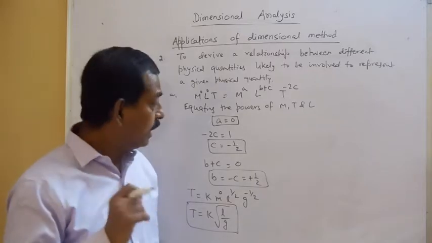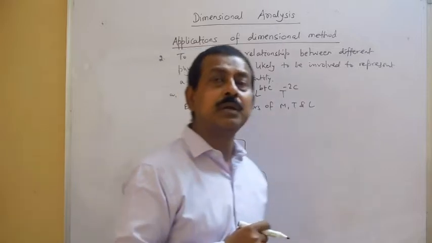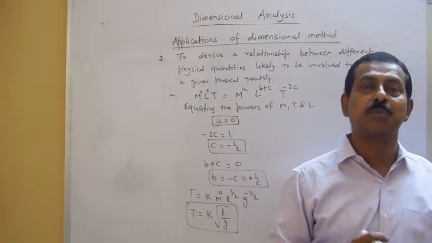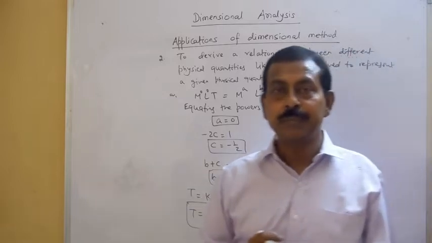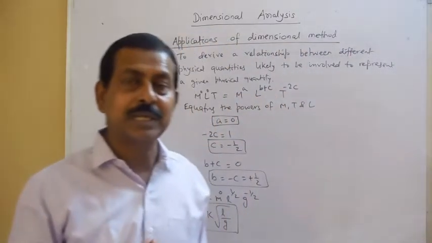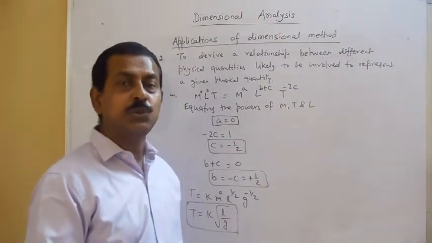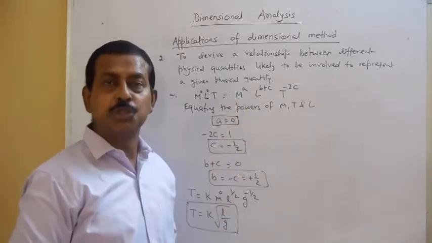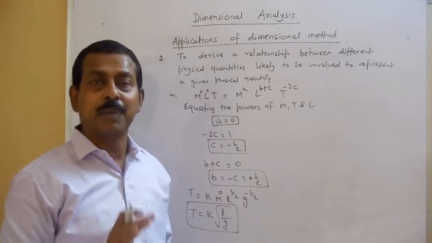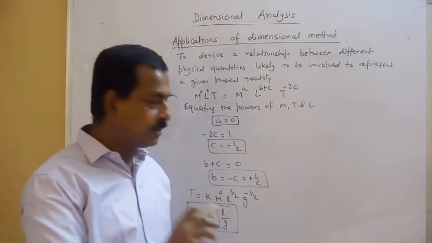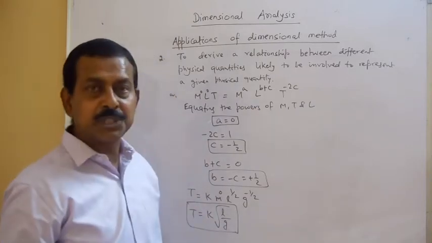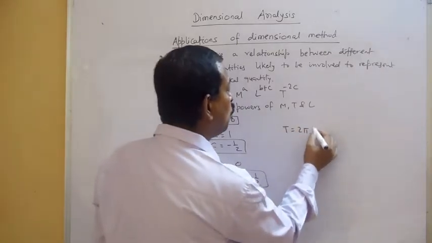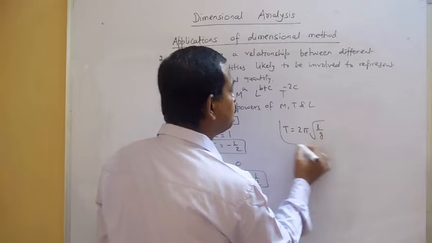Okay. Now you see, here we have assumed that the time period of a simple pendulum depends upon the mass of the bob. But if you apply this dimensional method there, you will find that the mass term's power comes out to be 0. That means it is independent of mass. If you equate this relation with the actual expression for the time period of a simple pendulum, then this is T equals 2 pi root over L by g.